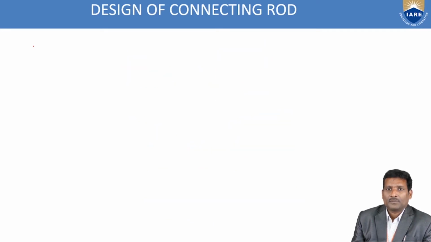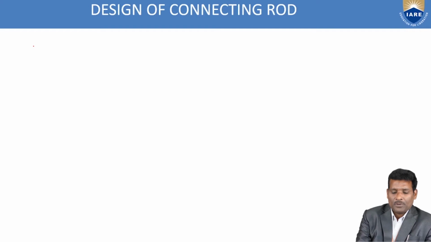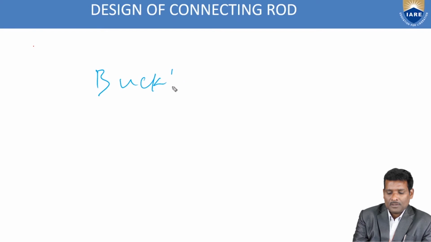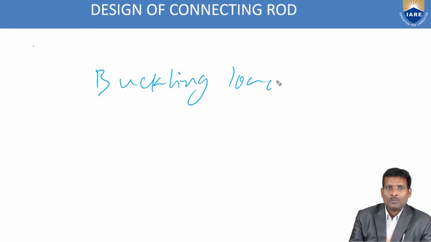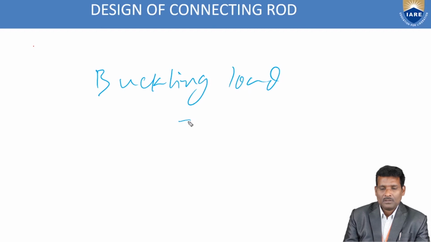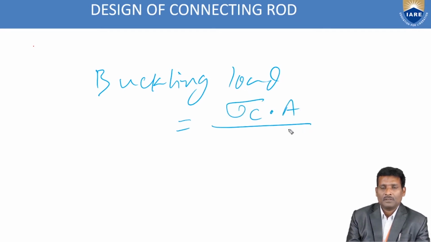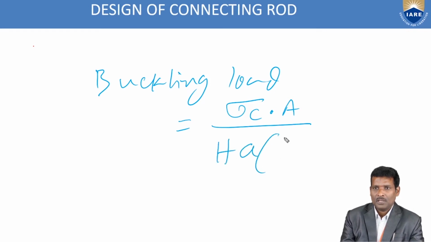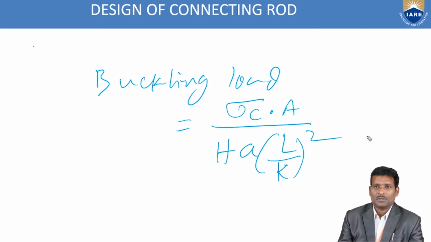After that, calculate the buckling load. Buckling load is equal to sigma c multiplied by the area of cross section, divided by 1 plus a into (L by K) whole square, that is the slenderness ratio. Sigma c is the compressive stress, A is the cross-sectional area, and small a is the Rankine constant.